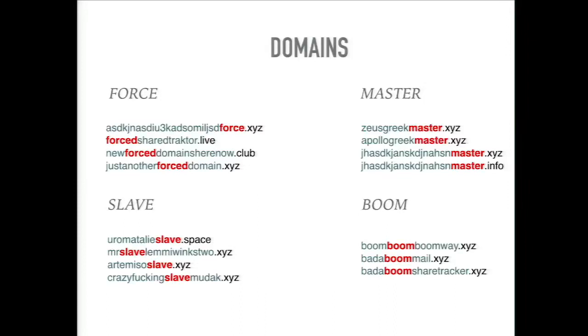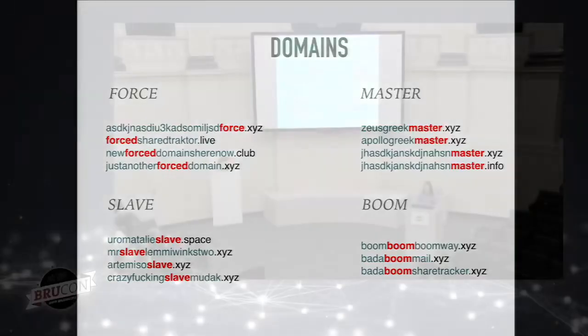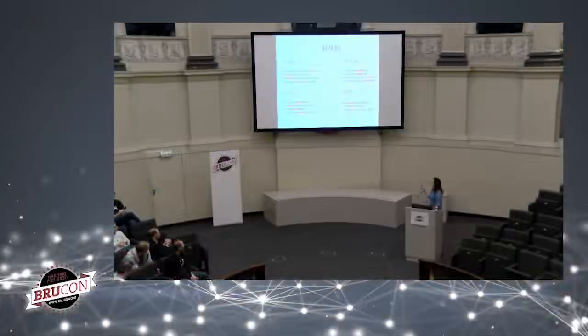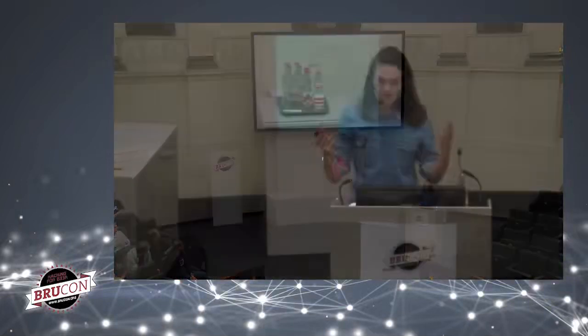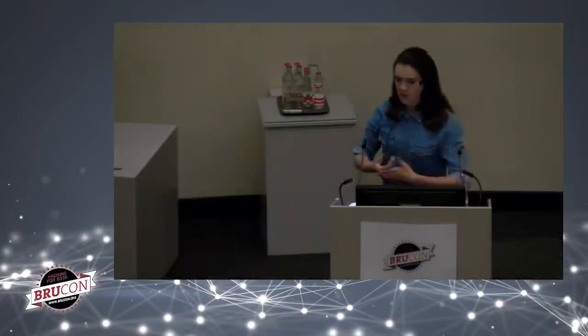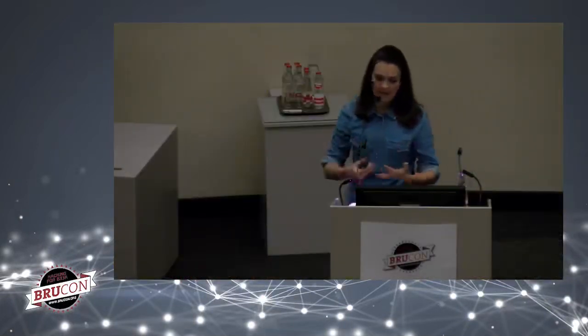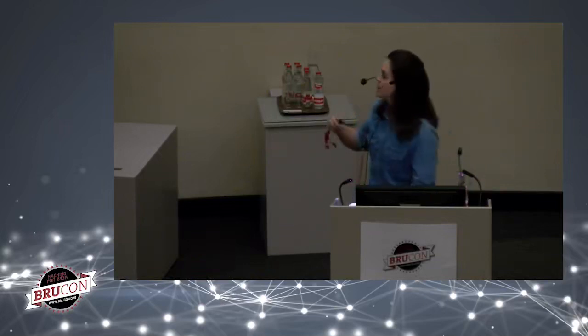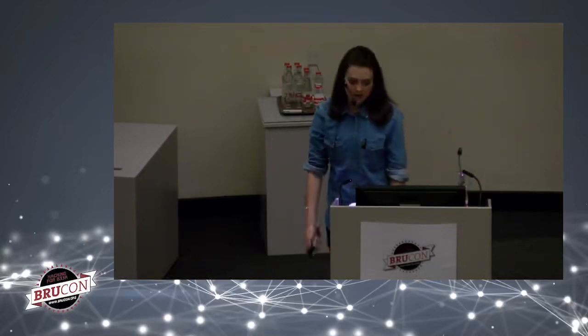Force domains are the hard-coded ones which the bot contacts for the first time. Master ones are used by the DNS and deliver the location of the third CNC. Slave ones are used for reporting, and boom ones are linked to the torrent trackers.